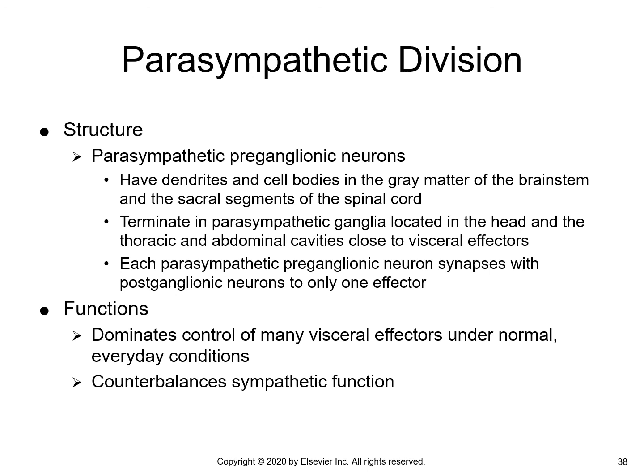They terminate in parasympathetic ganglia located in the head and the thoracic and abdominal cavities, close to visceral effectors. These effectors are messengers. Each parasympathetic preganglionic neuron synapses with postganglionic neurons to only one effector. The parasympathetic division dominates control of many visceral effectors under normal everyday conditions and counterbalances the sympathetic function.